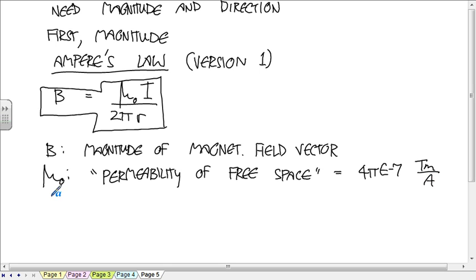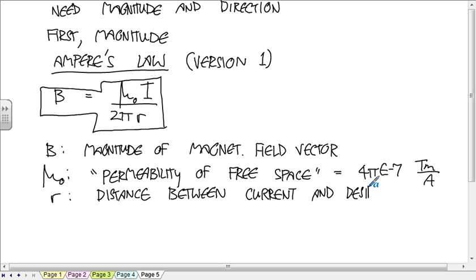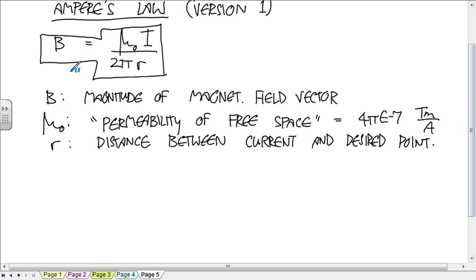And then the last one is R. That is the distance between the current and the desired point. Okay, so let's use these to figure out the magnitude of B at those 2 points A and B.